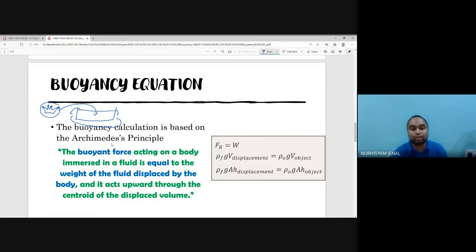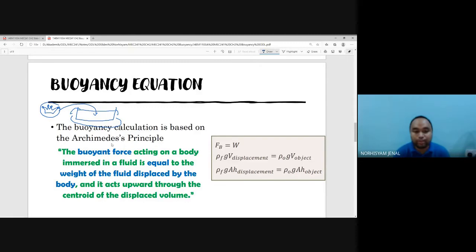So as that said, when we put a body in, we replace the liquid in the tank. If the tank is full, water will spill out. The amount of volume coming out will be the volume of the object, based on the Archimedes principle.